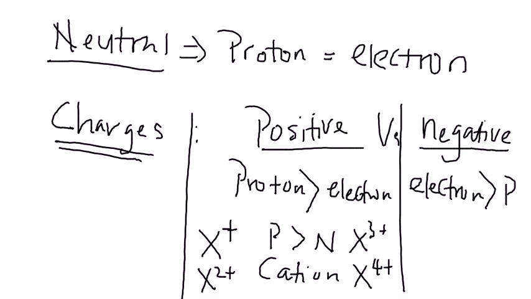And for negative charge, we call them anion, and the symbol can be like this. Let's say this is Y, it carries 1 negative, means Y minus, carries 2 negative charge, Y 2 minus, Y 3 minus, and so on.